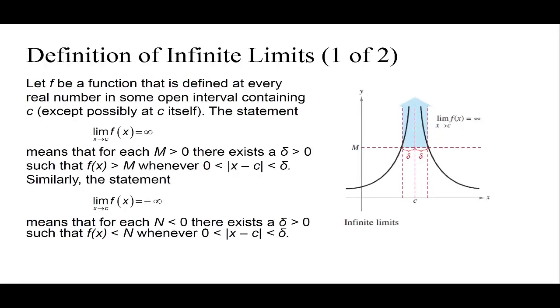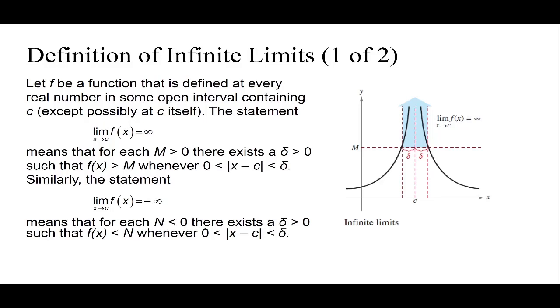This is a proper definition for the infinite limit. Let f be a function that is defined at every real number in some open interval. So in this case, the function is defined at every real number in some open interval from negative infinity up to c, and from c to positive infinity.